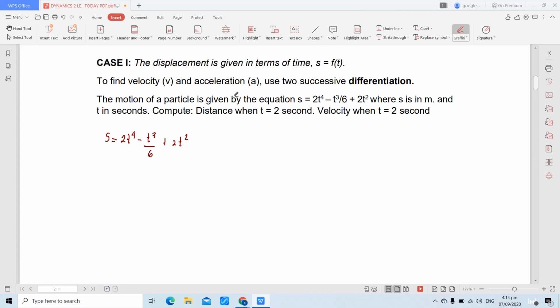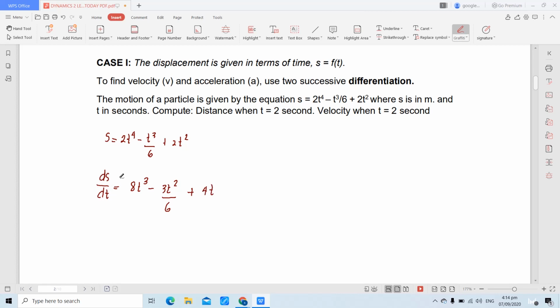Right? So what are we going to do? Differentiate. Taking the derivative of S, that is ds with respect to time, what is the derivative of 2t^4? You know that. That is 8t^3, minus the derivative of t^3/6, which is 3t^2/6, plus the derivative of 2t^2, that is 4t.